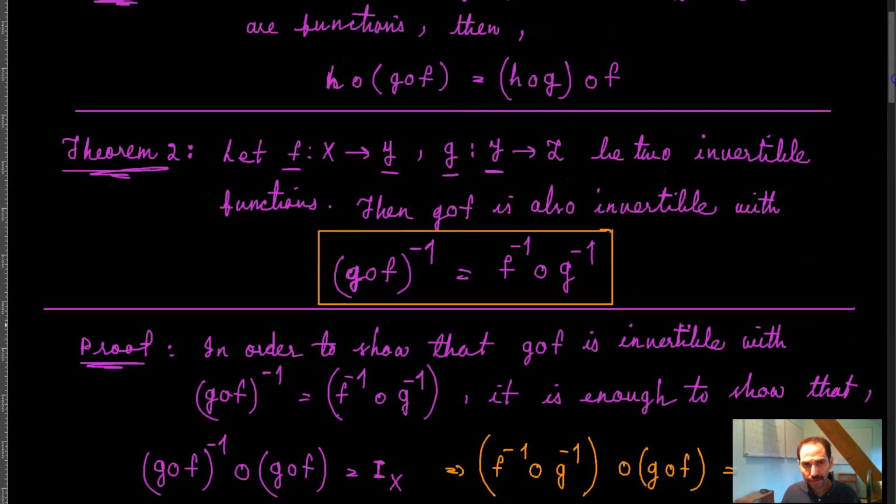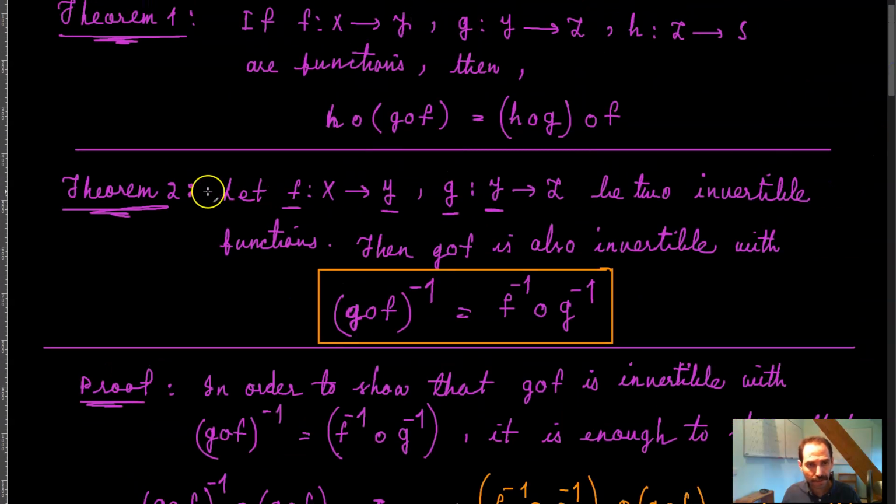And what we wanted to prove here was theorem number 2, that you have these three functions f, g, and f and g, these two functions, x to y, y to z. The codomain here is the domain here, and both of them are invertible.